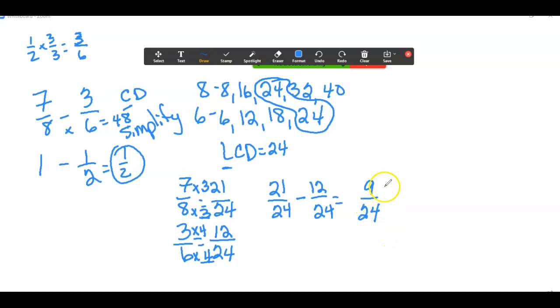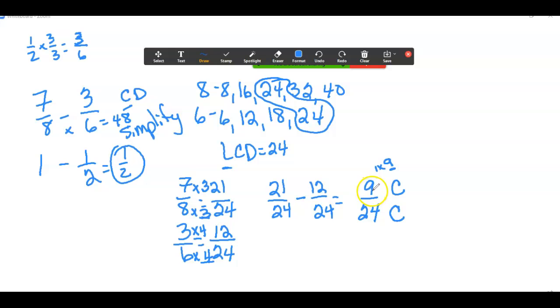Okay. Now, is 9 prime or composite? Oh, it's composite. Is 24 prime or composite? Composite. So remember, I need to double check and I need to see, can I divide these by anything else? Okay, so here's where I have to start thinking about factors. I know that 9 is 1 times 9, and 24 can't be divided by 9, so that doesn't work.